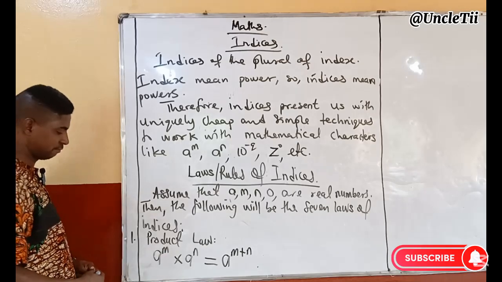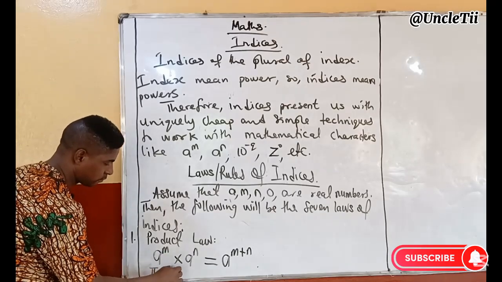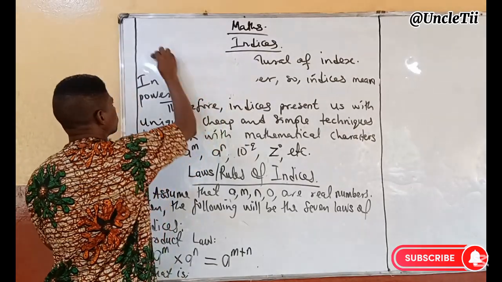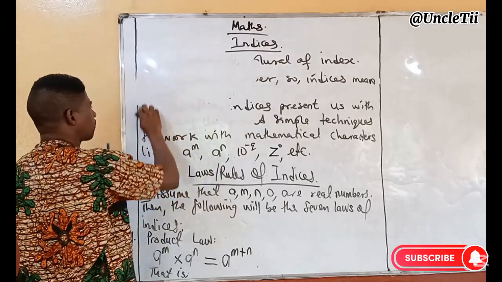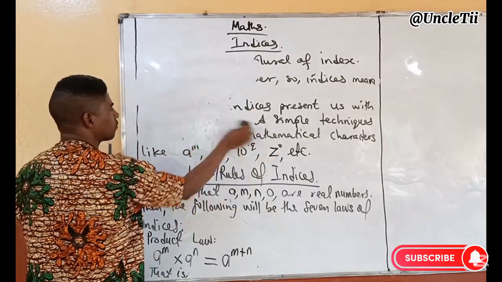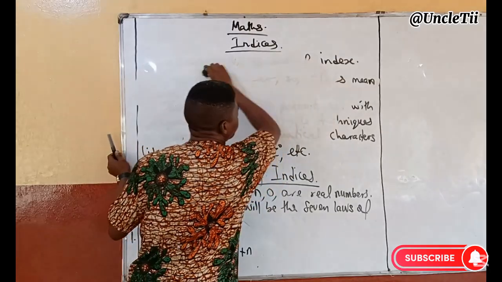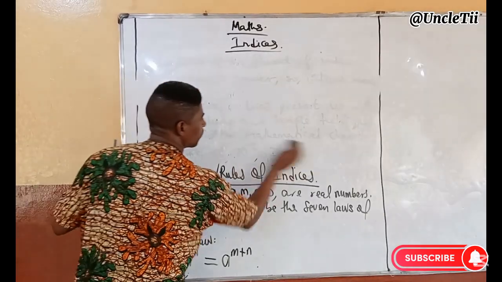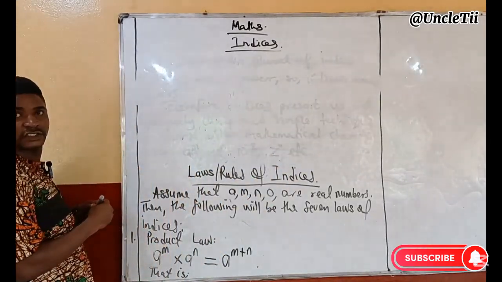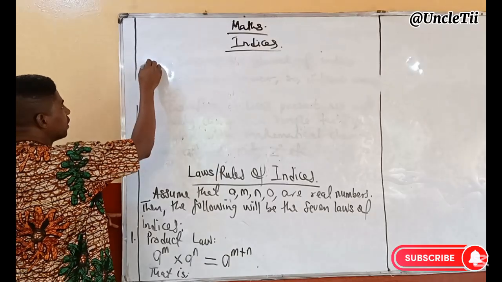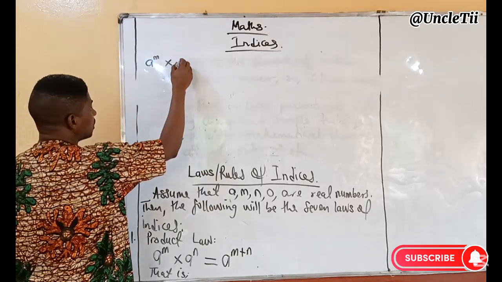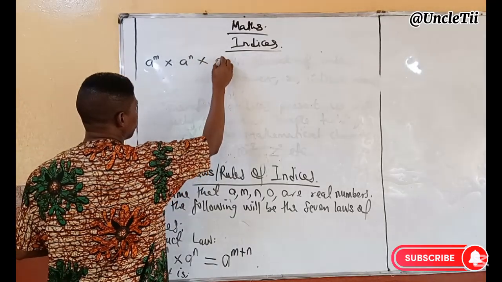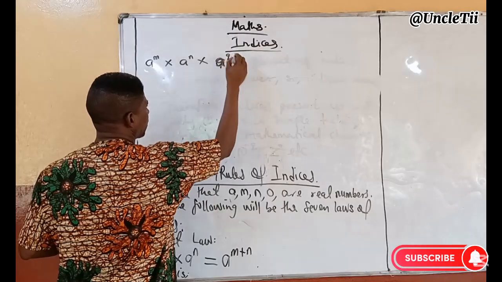We can stretch it further to a^m times a^n times a^q.